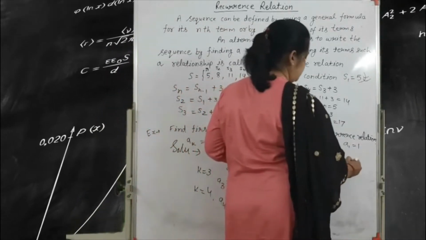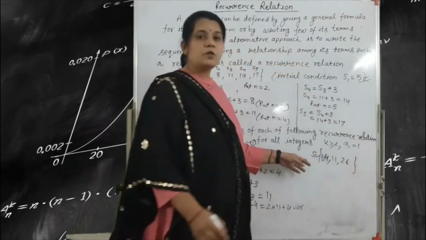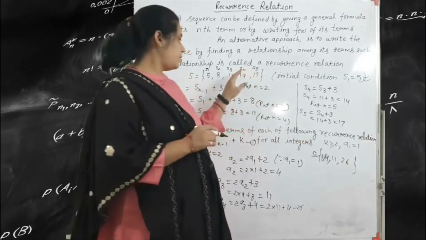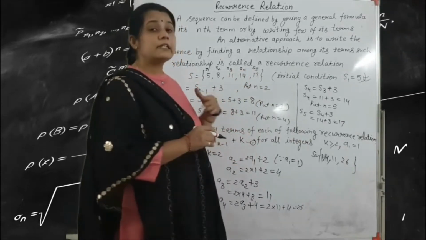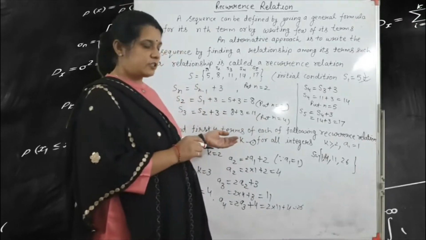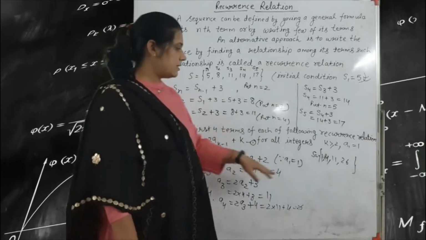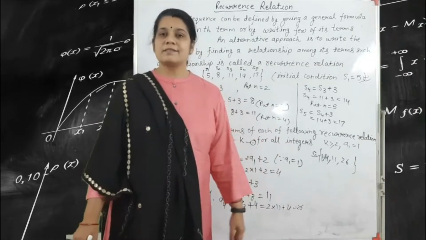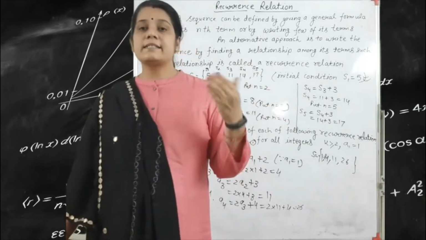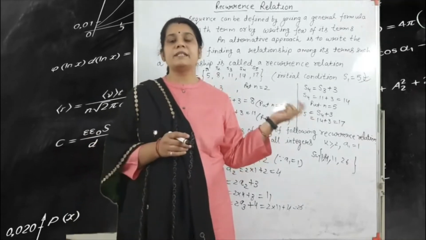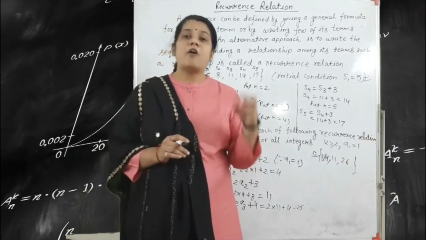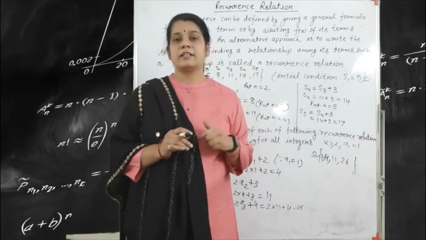So this is an example where we are given the recurrence relation, and with the help of this recurrence relation we find the sequence. The next example depends on what you have already seen in your previous semester, the complementary function and the particular integral.